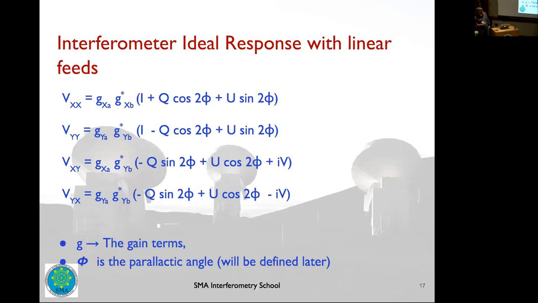In this case, Q and U, remember, are the linearly polarized terms. There's an angle phi, which is the parallactic angle, and we'll talk about that later. One thing to note is that for all of these correlations, there are at least two or more Stokes parameters. It's impossible to get an interferometer product to be equal to only one Stokes parameter.